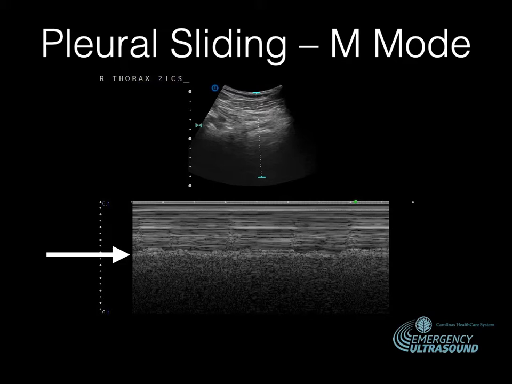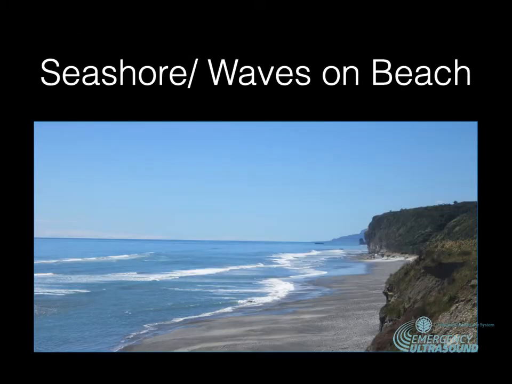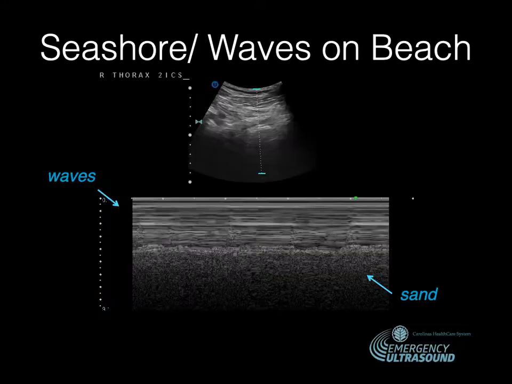You should be able to see right at that arrow where you have lung sliding, and then on top of that you have just the soft tissue. So a better depiction in my book of the seashore sign. Just note here we have the waves and then kind of the sandy beach, which indicates a fully expanded lung if you're looking at lung sliding with M mode.